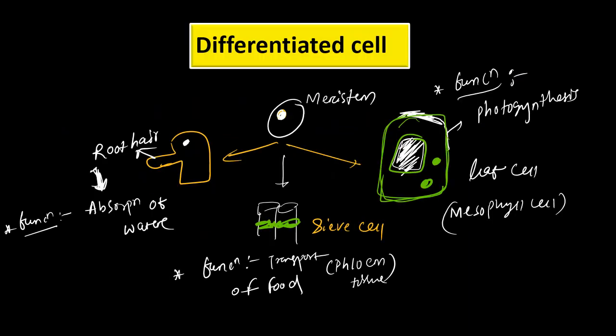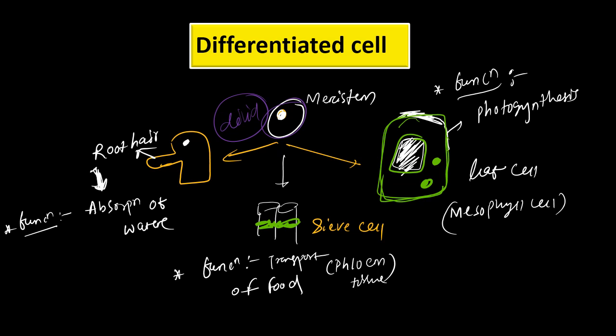So for differentiated cells, what is a differentiated cell? A differentiated cell means a cell derived from meristem cells. We know meristem cells have one activity: they continuously divide, and the division of this cell is differentiated into a specific cell.